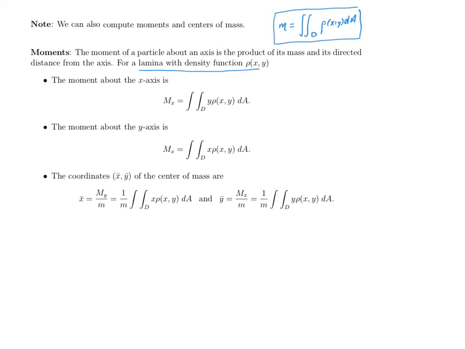In the book, you will see several other things. They talk about a moment with respect to the x-axis, a moment with respect to the y-axis, both topics that I think you would encounter in something like a statics course. And then also this idea of the center of mass of the object.